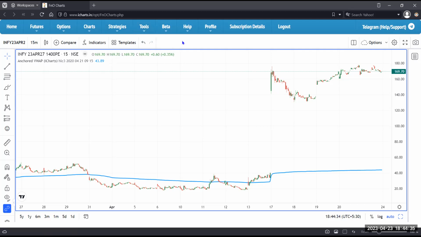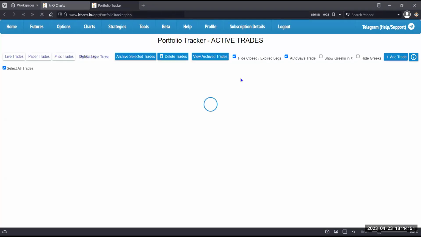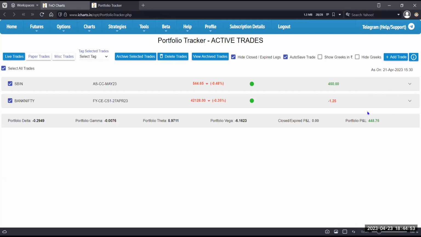And individual leg-wise Greeks are given, which is not that much required, because we need strategy Greeks. Yeah, so you can disable that. That can be hidden also.